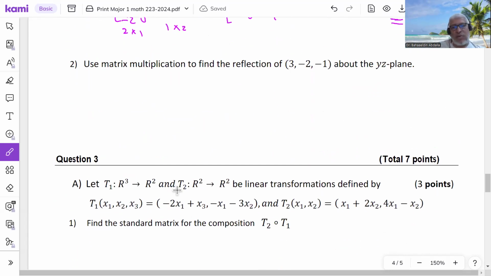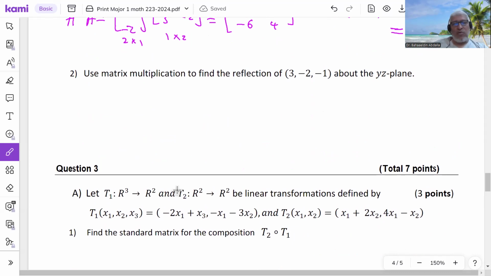Use matrix multiplication to find the reflection of this point about the YZ plane. Well, the standard matrix for this reflection is -1, 0, 0, 0, 1, 0, 0, 0, 1. It is in the table in chapter 1.